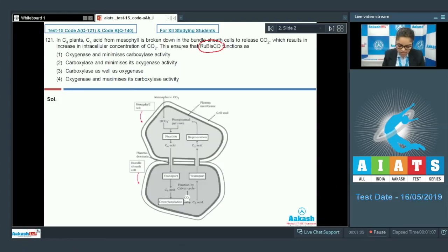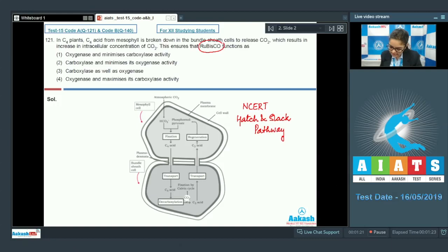So for this question, I have taken one picture from the NCERT, and as you can see here, it is simply representing the Hatch and Slack pathway, also known as the C4 pathway.